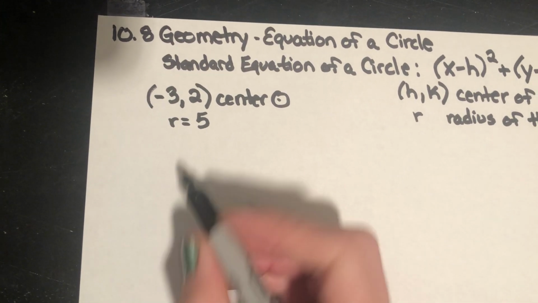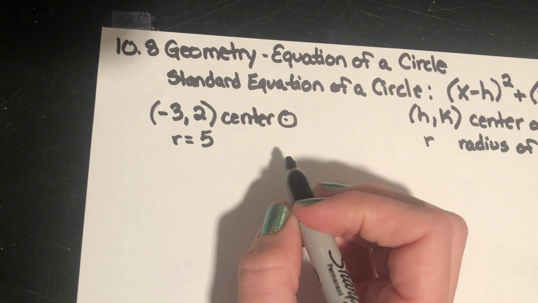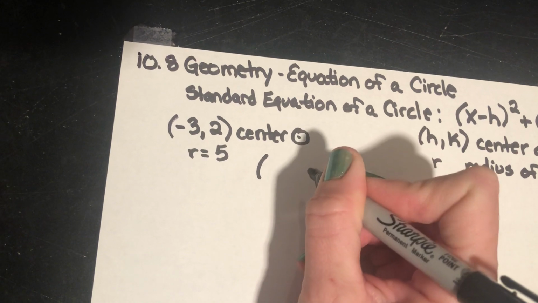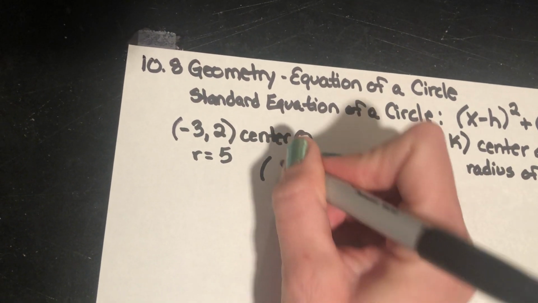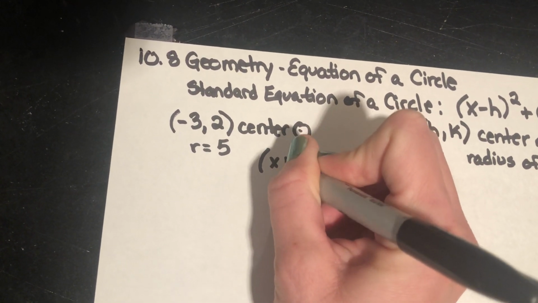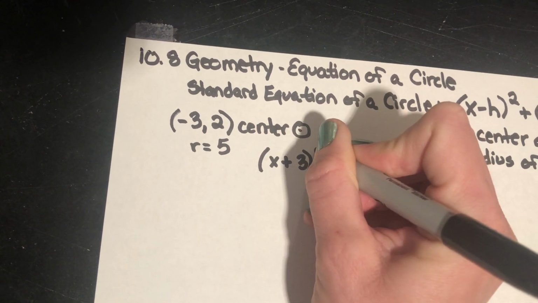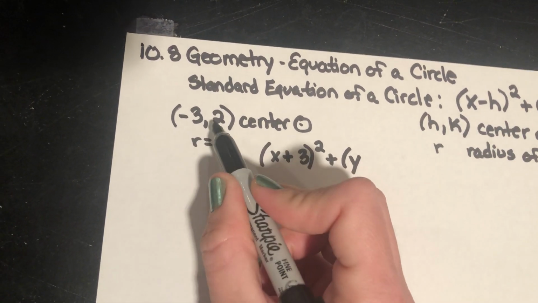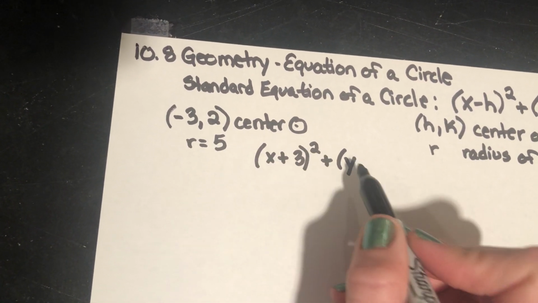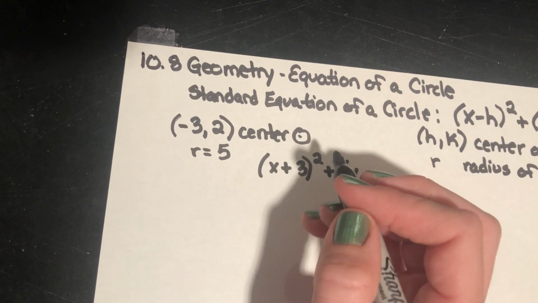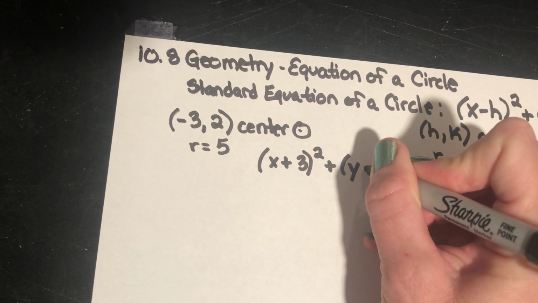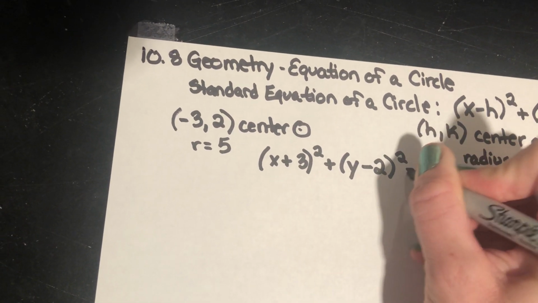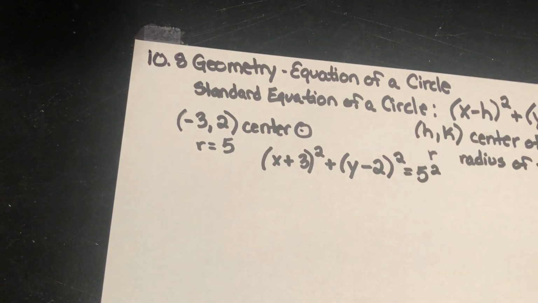We would write the equation of the circle as: x minus h is x plus 3 squared, plus y minus k, so y minus 2 squared, equals 5 squared.